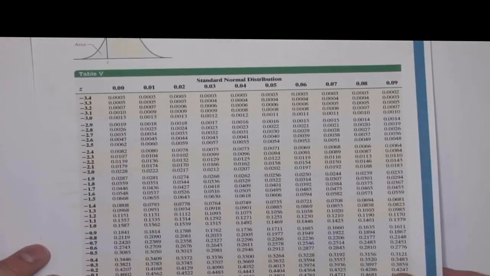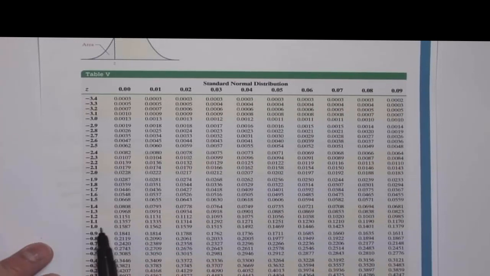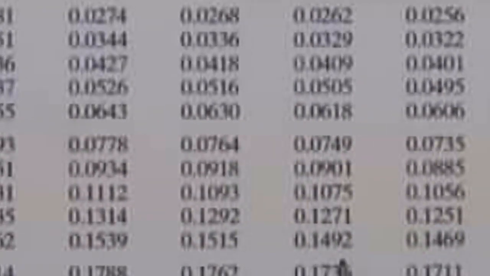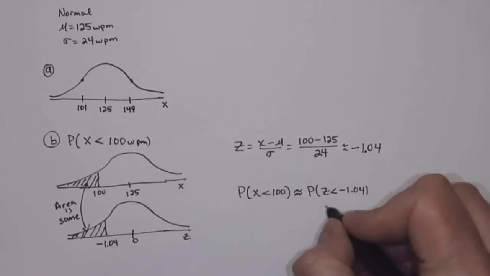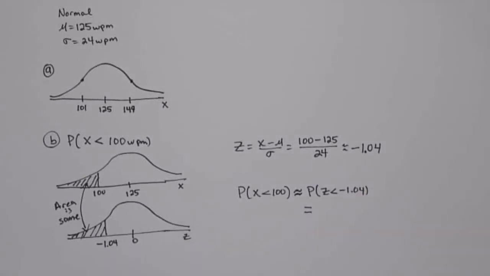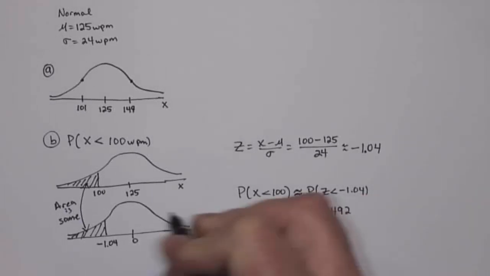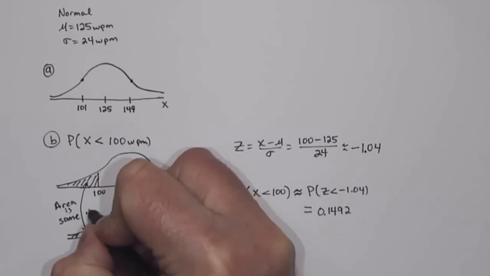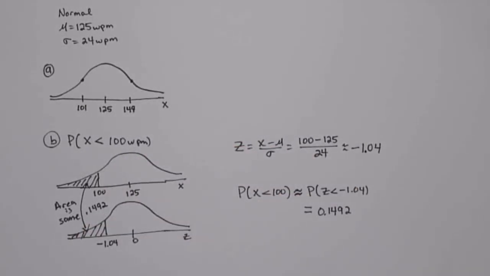So looking up negative 1.04, it is right here. So that is 0.1492. So this area is 0.1492. So again, that's what these two areas are. Okay, so that is our probability.